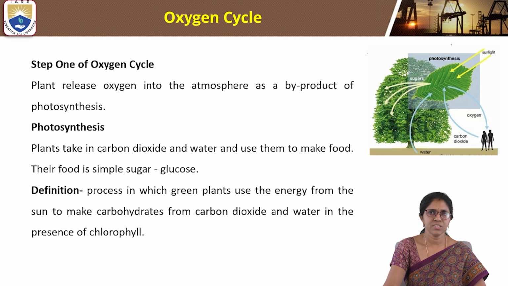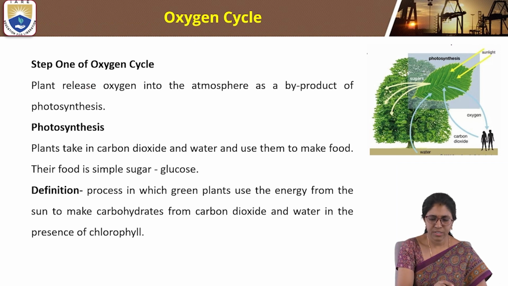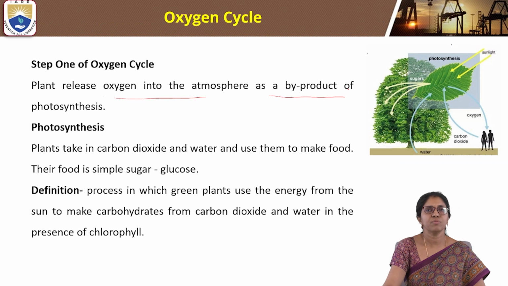So different steps are involved in the oxygen cycle. Step one: the plant releases oxygen into the atmosphere as a byproduct of photosynthesis.